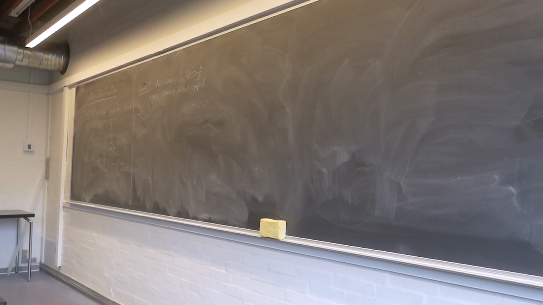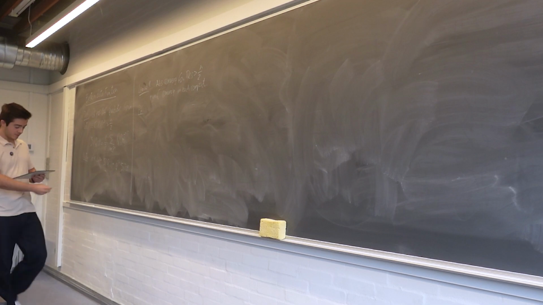The lemma says this satisfies pi to the n over 2 over gamma of 1 plus n over 2, times r to the n, plus an error term of order r to the n minus 1. I will use that to prove this.